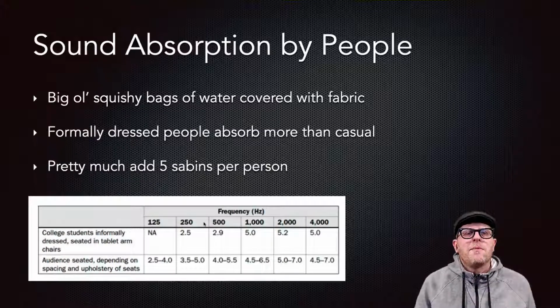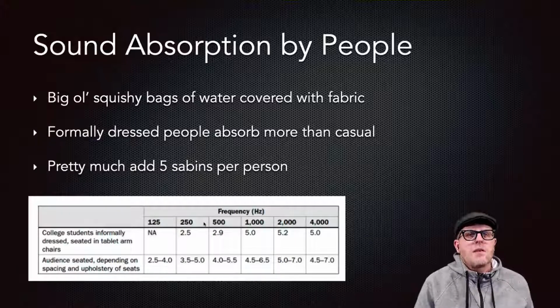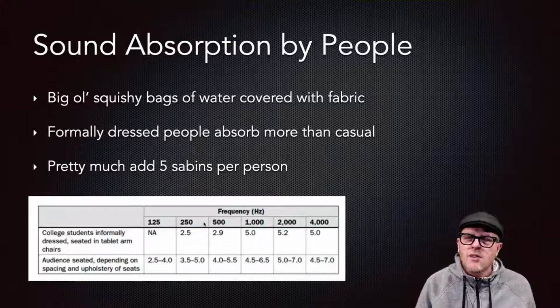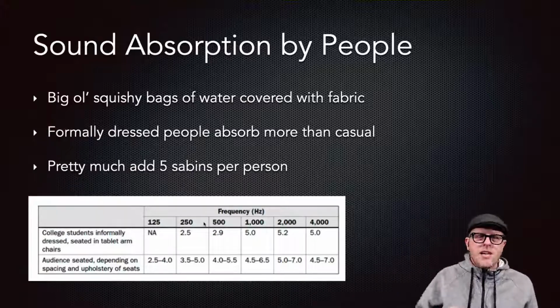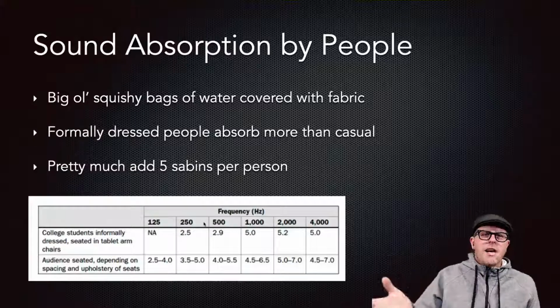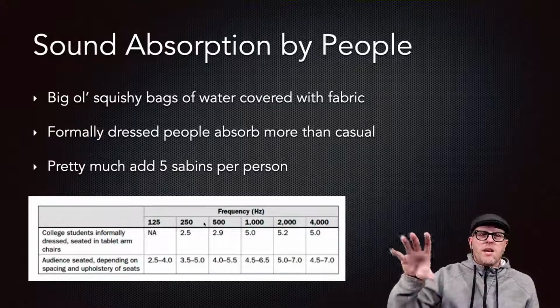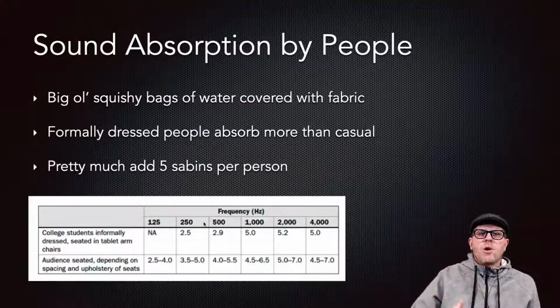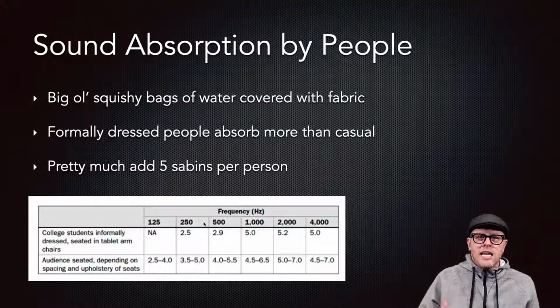But yeah, the idea is that people add a lot of absorption. Another side story on that: I went to Dolby Laboratories years and years ago, and they have this auditorium upstairs. It was really interesting because Dolby being Dolby, they're all about sound. They had this screening room with special chairs that absorbed the same amount of sound whether a person was sitting in it or not.